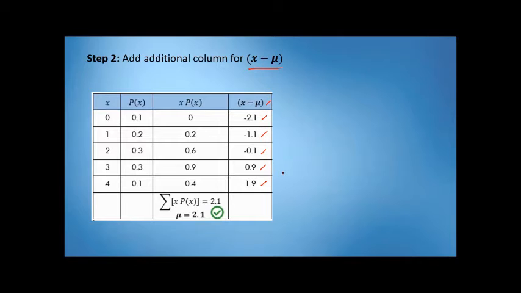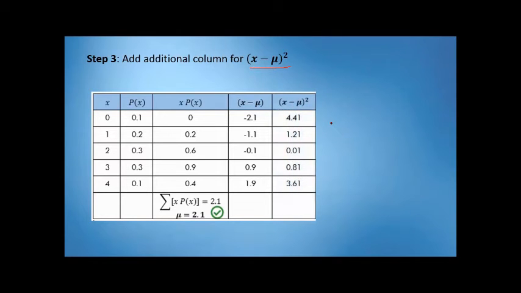We don't need a summation yet, because we still need x minus mu squared. Step number 3 is to add an additional column labeled x minus mu squared. We square all the values from the x minus mu column. The first row, negative 2.1, becomes positive 4.41 when squared.